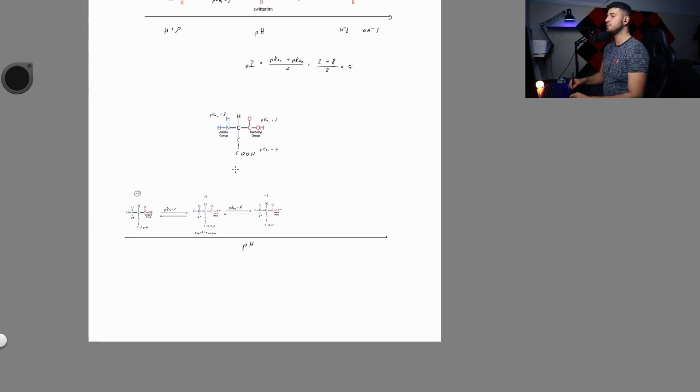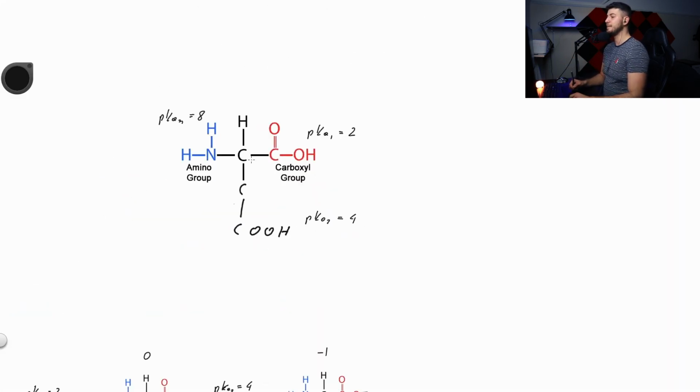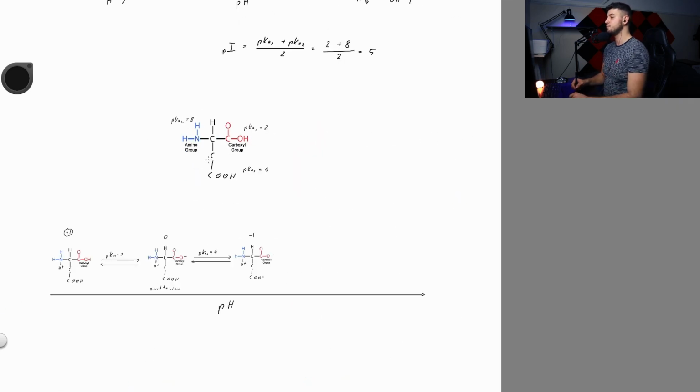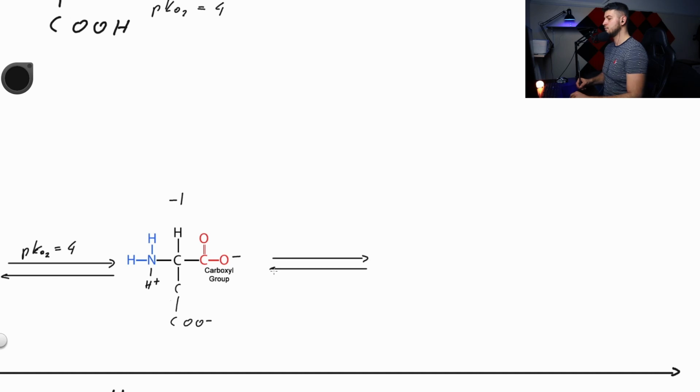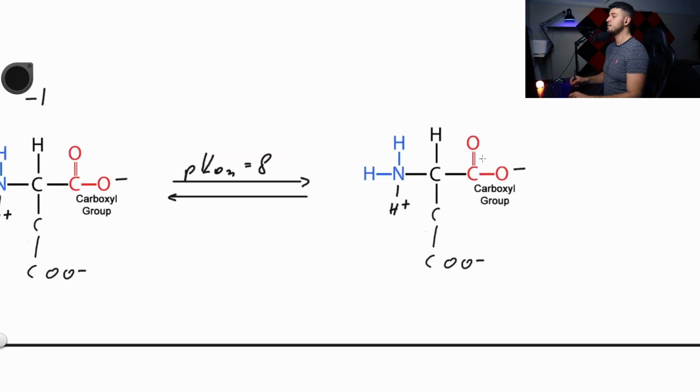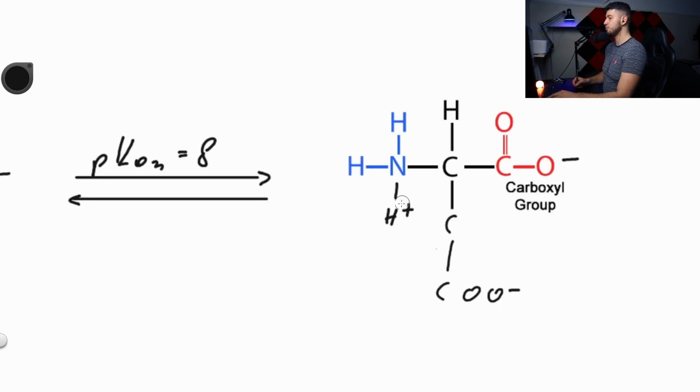So what happens further? Let's say we go even further with our pH above the third pKa, in this case 8. All of these carboxyl groups have already lost their hydrogen. Now it's time for the amino group. The same will happen to this group.